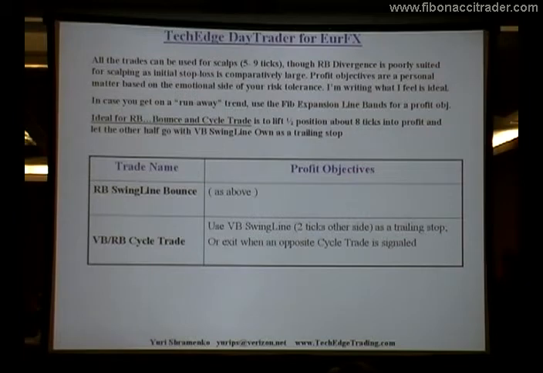I don't get out if it penetrates the swing line by 2 ticks. I'm using my initial stop loss. This is what I do after my trade, let's say, goes at least 5 ticks, 6 ticks into a profit, all right? Then I will consider using the swing line as a trailing stop, and just 2 ticks below it will be enough to make me consider closing the position.